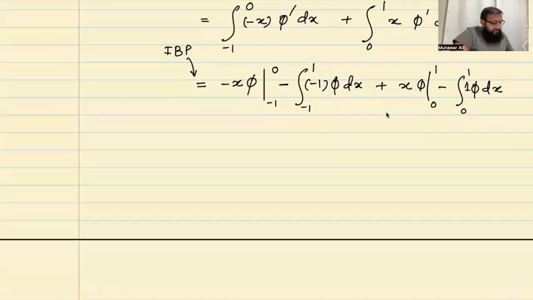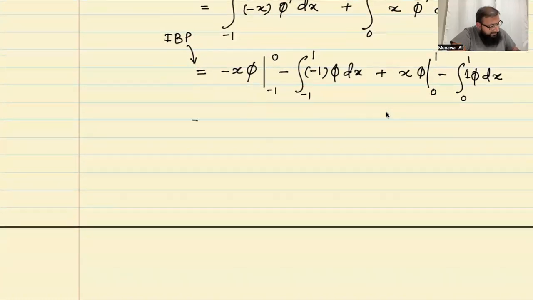So what can I do further? I will evaluate this function at 0 and then at -1. If I evaluate at 0, this becomes 0, because if I put x equal to 0, this becomes 0. And at -1, this is also 0. Why is this 0? Because I have already taken this phi to be C infinity with compact support over the set omega.